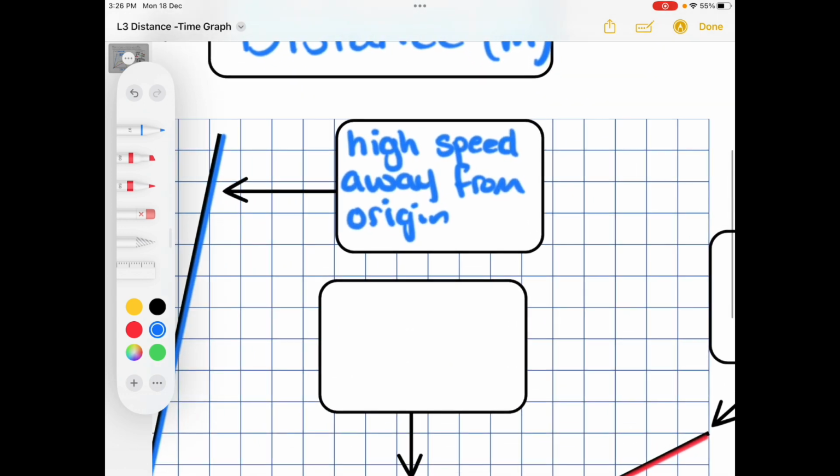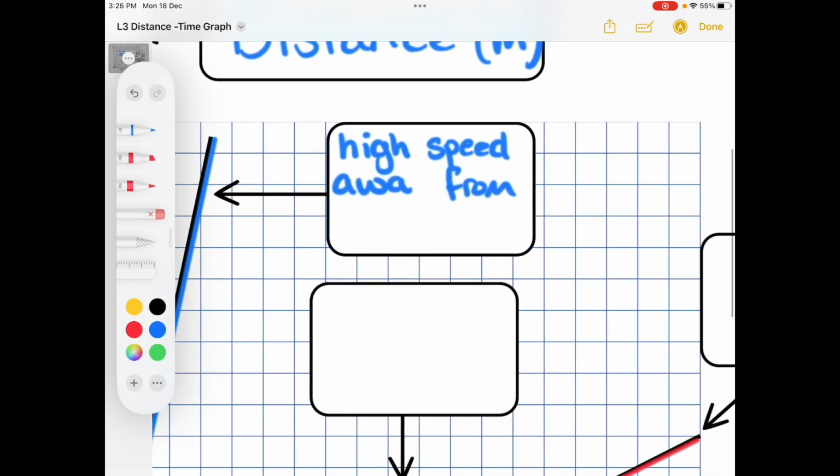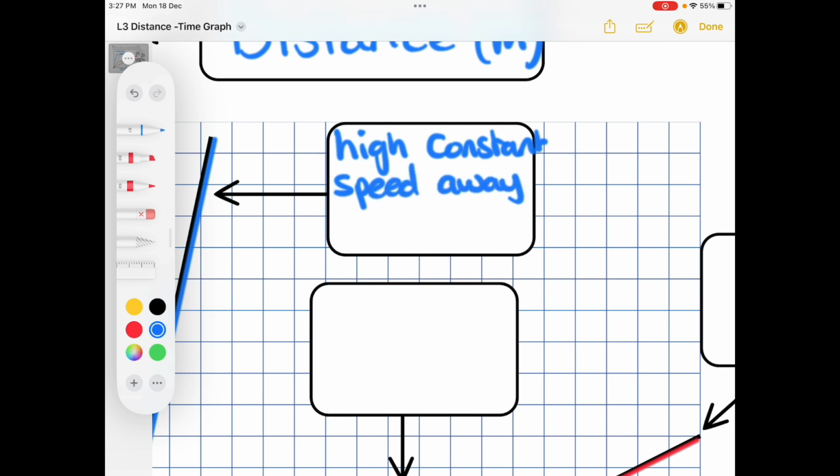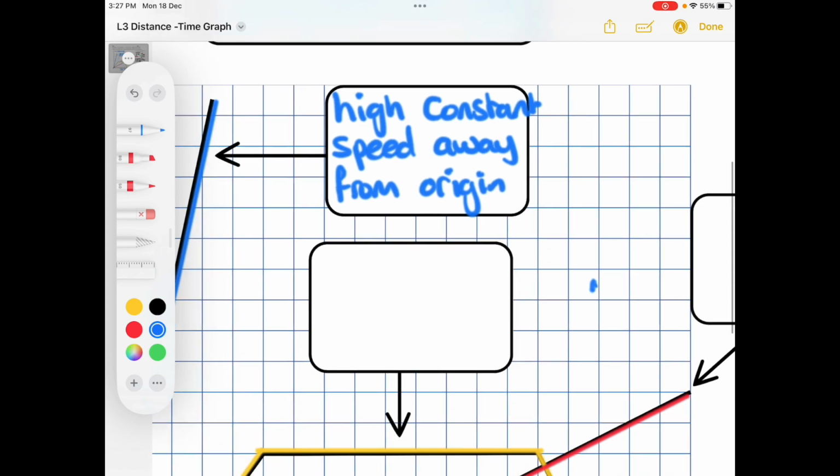So what we could actually do is change this to say it is a high constant speed away from the origin. So we've got a high constant speed moving away from the origin.